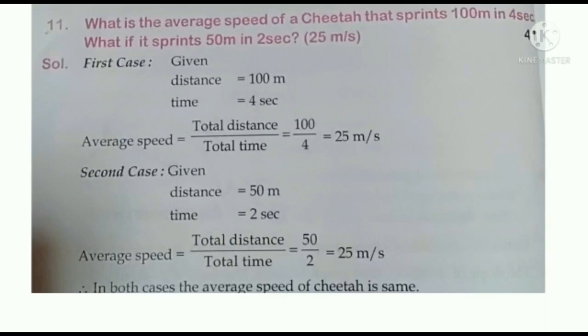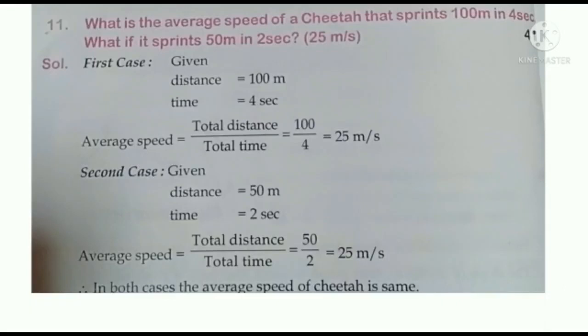So we find the average speed. We know that average speed is equal to total distance by total time. Here total distance in the first case is equal to 100 meters.